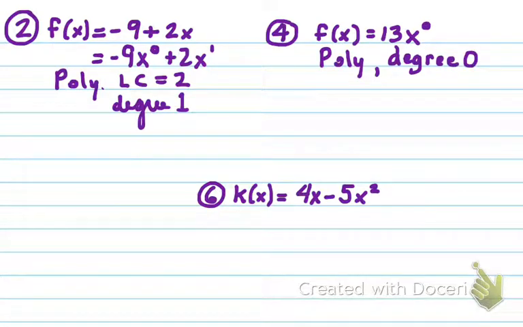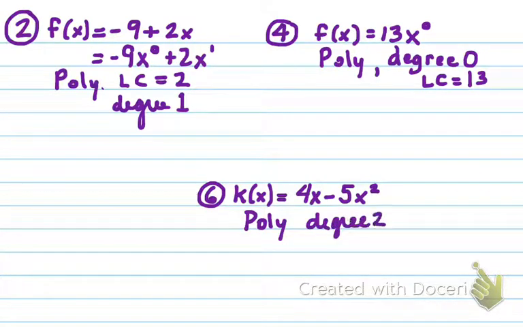And then on number 6, this too is a polynomial because both my exponents are non-negative integers, and our degree is 2, and our leading coefficient is negative 5.